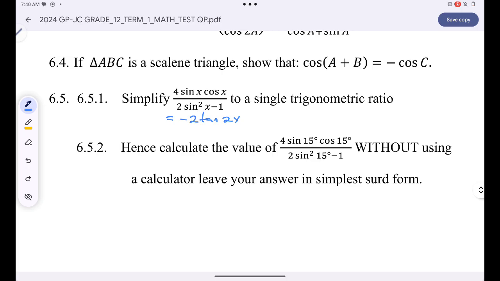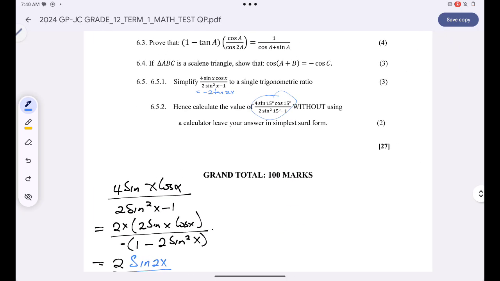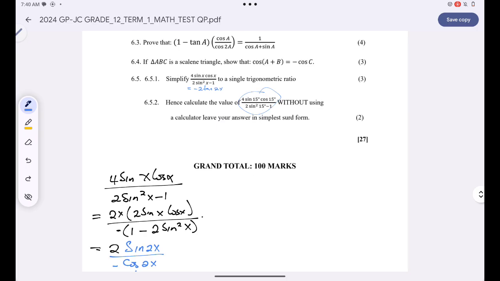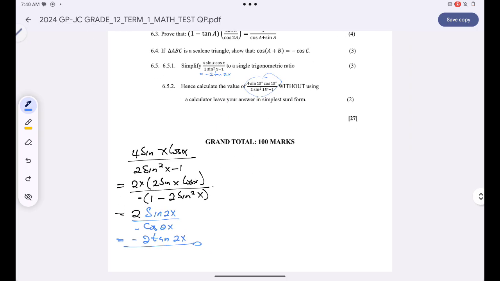Okay, and then we are told that hence or otherwise, calculate the value of this without using a calculator. Since they said hence calculate this, that means we must use what we just simplified in order to answer the question they're asking us.